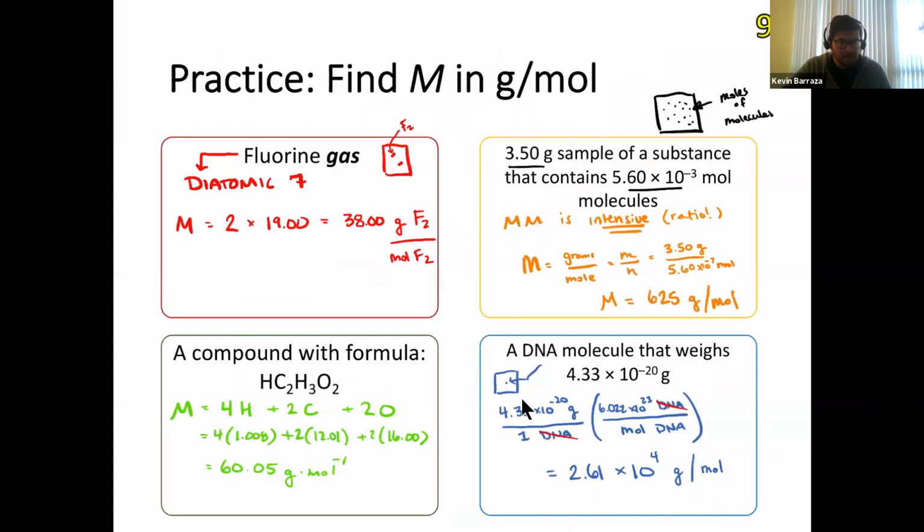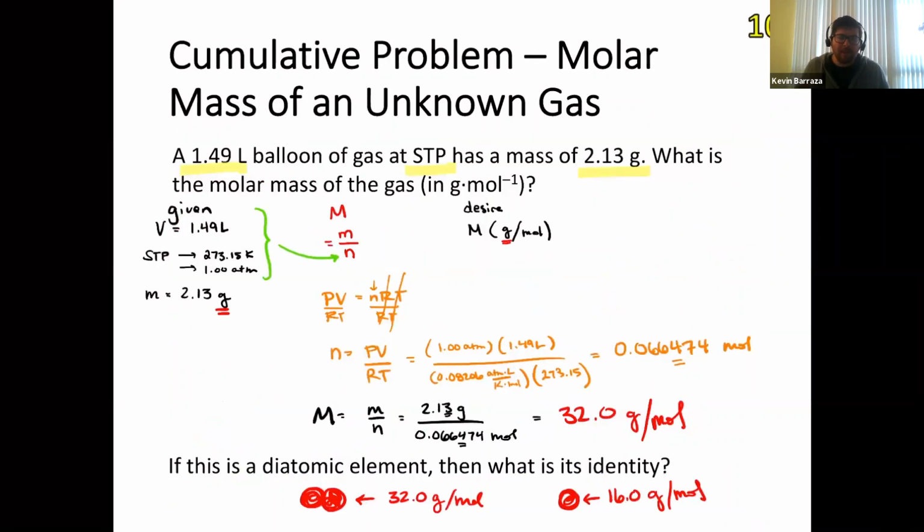I want to be clear, we're asking the same question, but your strategy has to be different depending on what the question gives you. So these are 4 ways that the question could be given, and some of them are similar, but also different in their strategies, as well as this problem in which we have to utilize the gas law to figure out grams per mole.